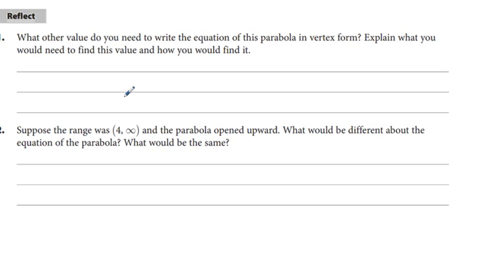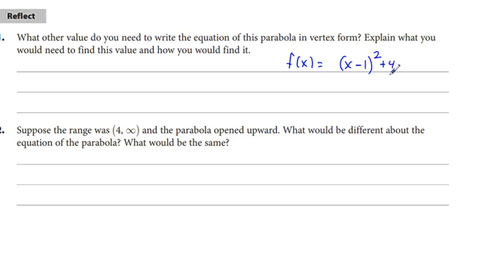Next, what other value do you need to write the equation of the parabola in vertex form? Well, we need to find what a is. If we have the form here, we know that a is going to be negative. We don't know what a is, but we know that we have x minus 1 squared, plus 4.